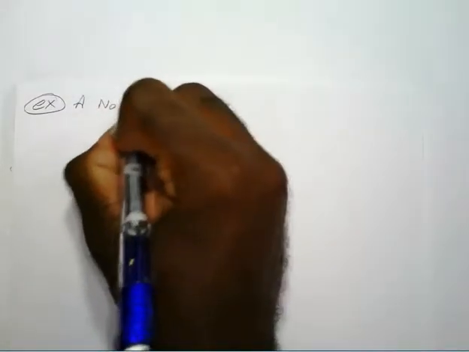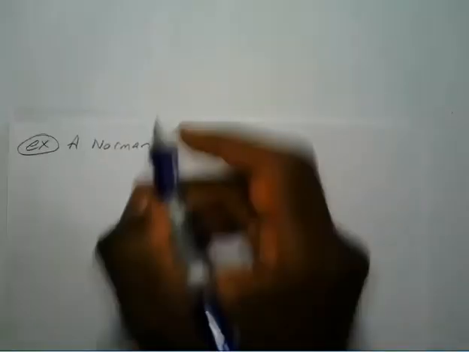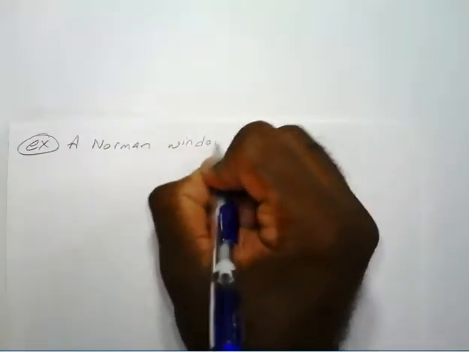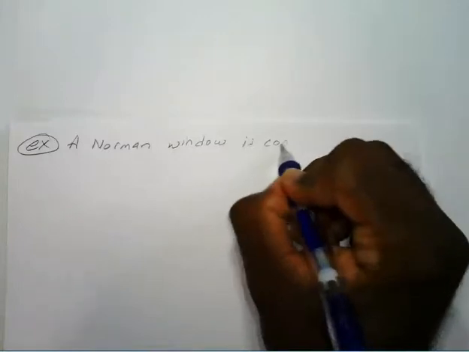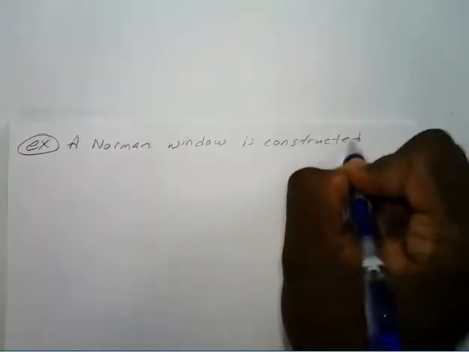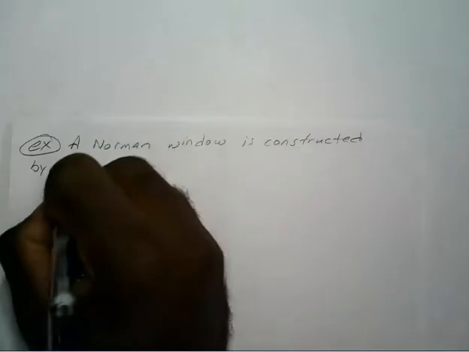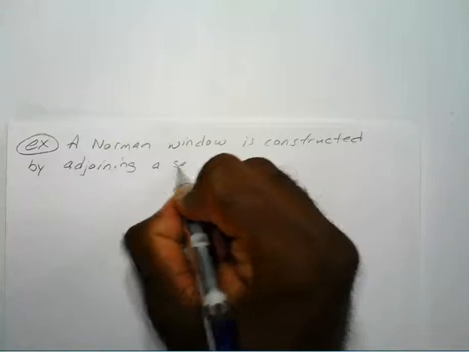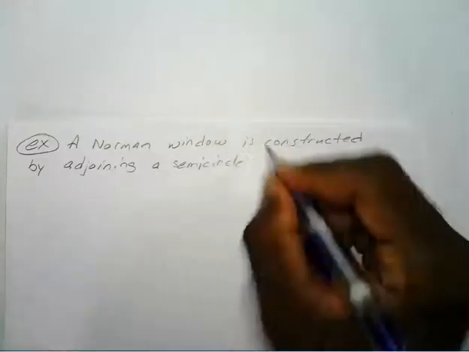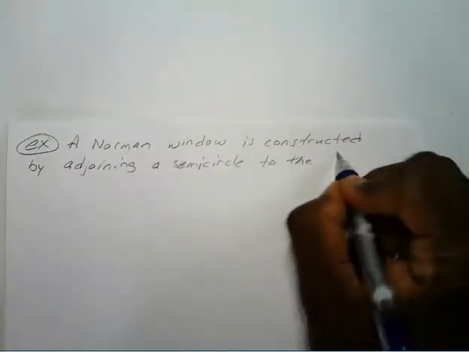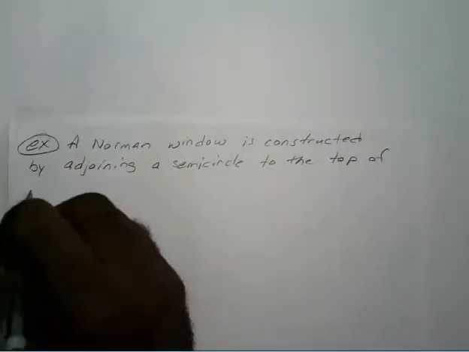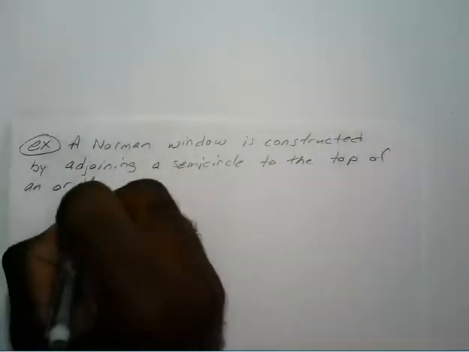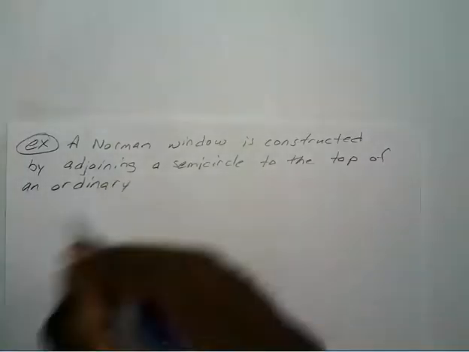Okay. So for this one, let's say we have a Norman window that is constructed by adjoining a semicircle to the top of an ordinary rectangular window.